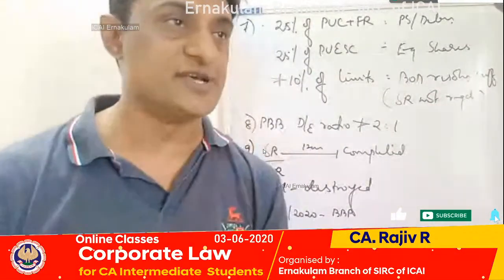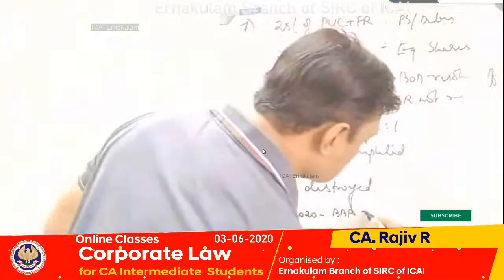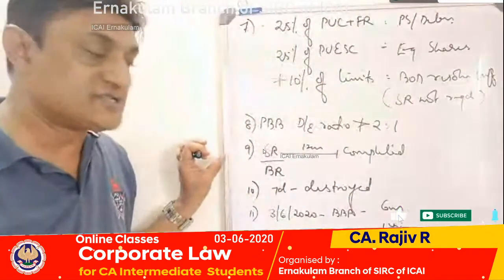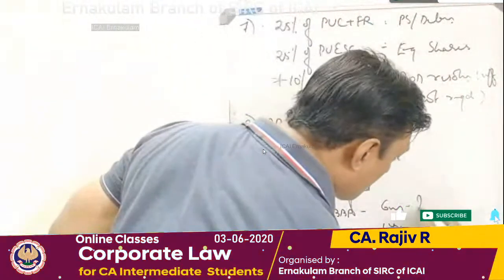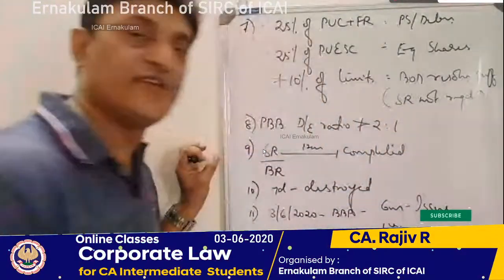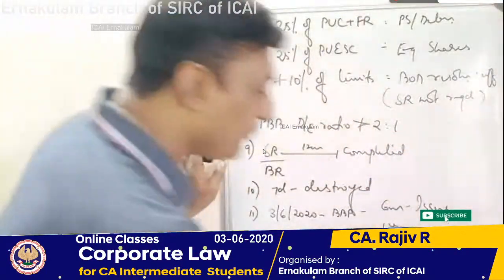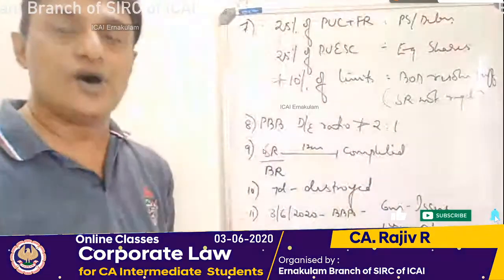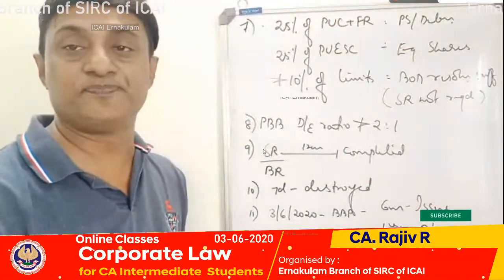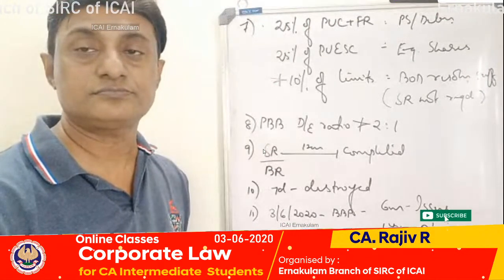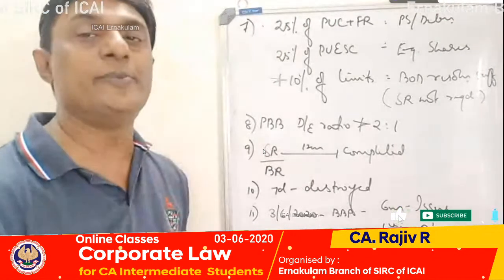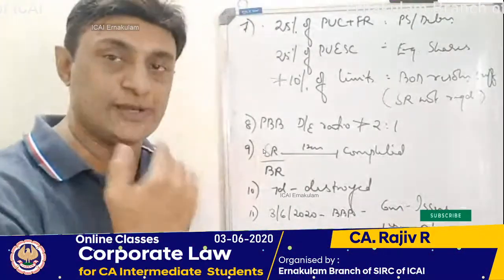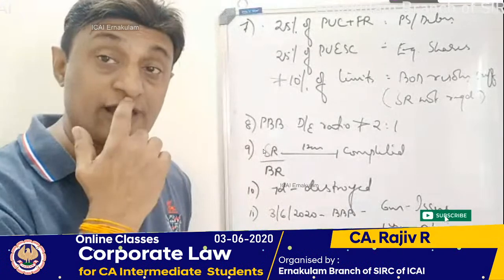Here again numbers are used. It is 6 months and 1 year. For 6 months, you can't make an issue of securities of the same class. For 1 year, you can't effect another buyback of securities of the same class. However, there's one thing you'll be careful about. When you say issue, this is actual issue, doesn't involve conversion.